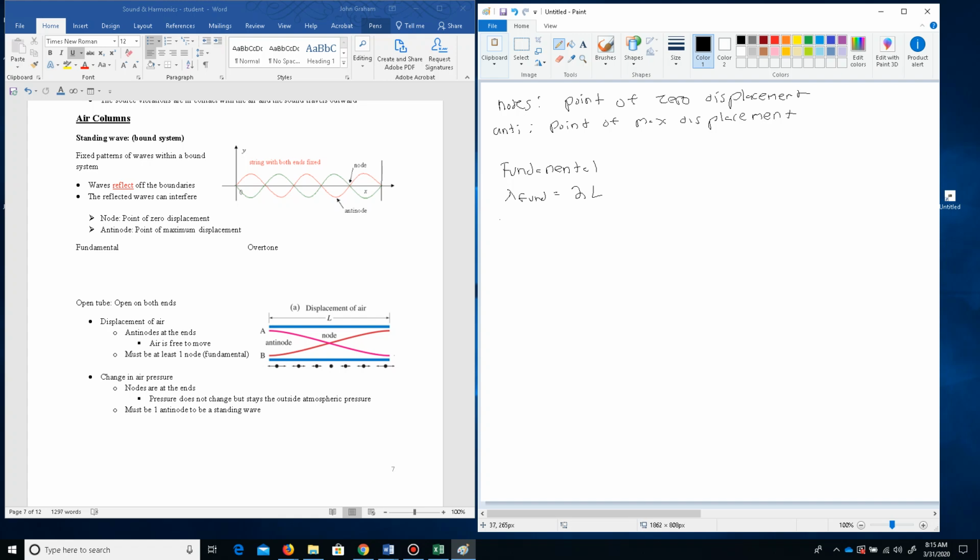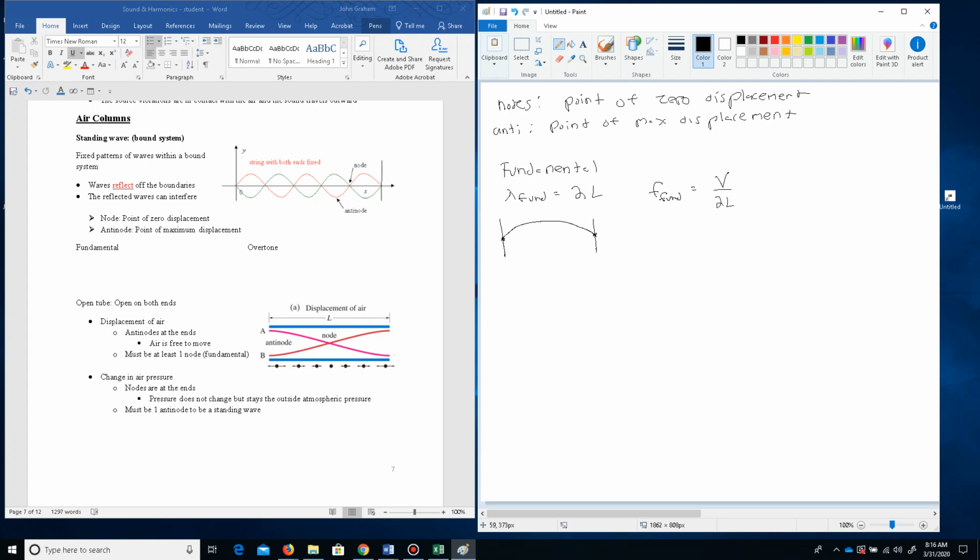Again, if you have a bound system, you'll have 1/2 of a wavelength within that system, and that's your fundamental. Before I get into the overtone, the frequency of this fundamental is going to be equal to the speed of the wave over 2 times L.